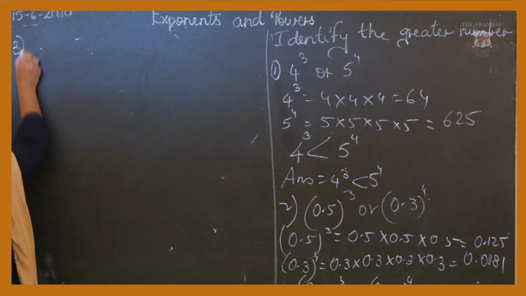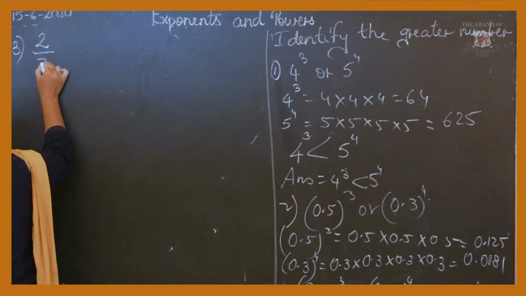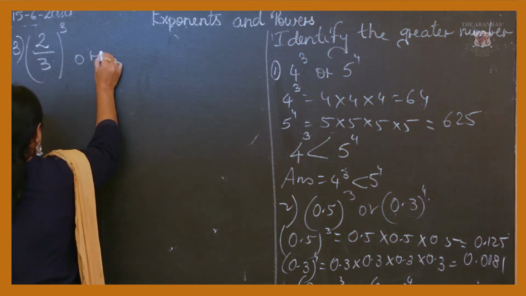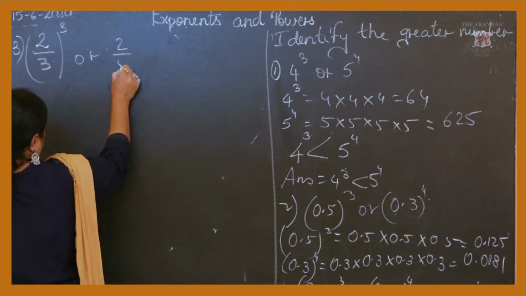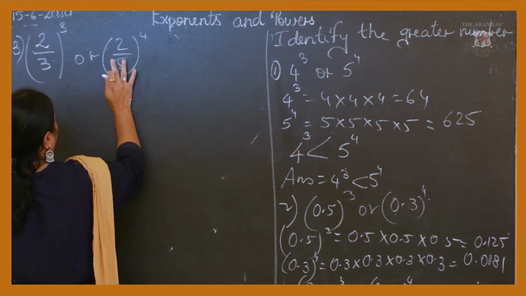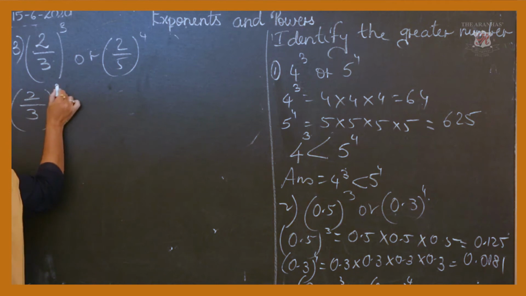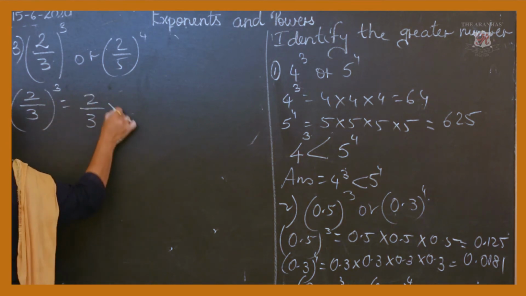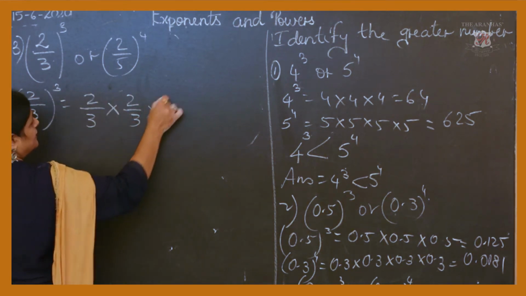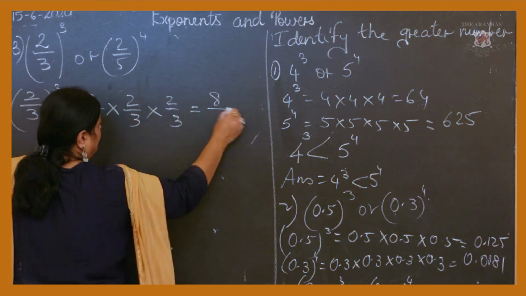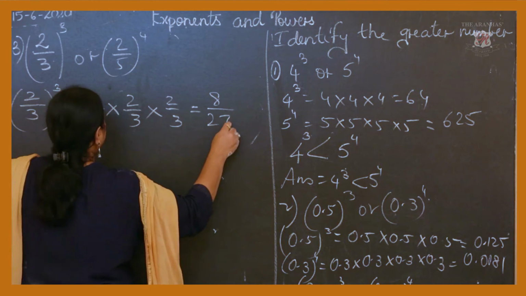Okay, next one. If I am taking the third sum, now suppose I am taking 2 upon 3 cubed, or I'll take 2 upon 5 to the power of 4. That means 2 upon 3, the whole cubed, will give you 2 upon 3 into 2 upon 3 into 2 upon 3, which is 2 2s are 4, 2 4s are 8 upon 3 3s are 9, 3 9s are 27.